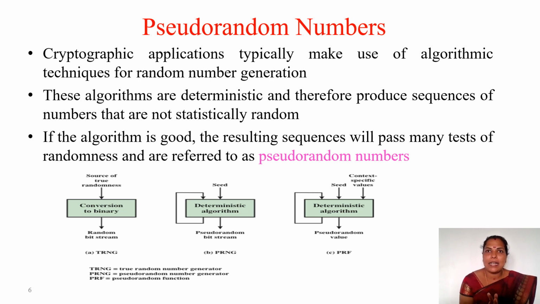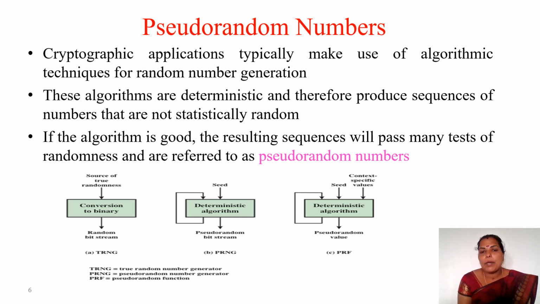Say for example, some mouse movement value, or some clock value, something like that. So some value generated using the physical environment of the computer, that only we use as a source of true randomness for the true random number generator. Then that value is converted to binary, and we get a random bit stream.